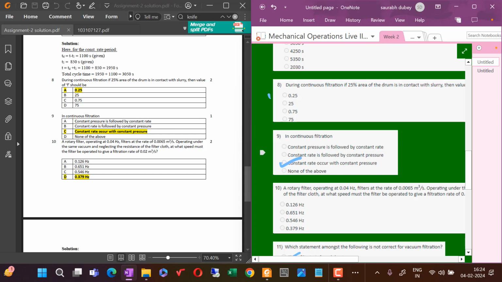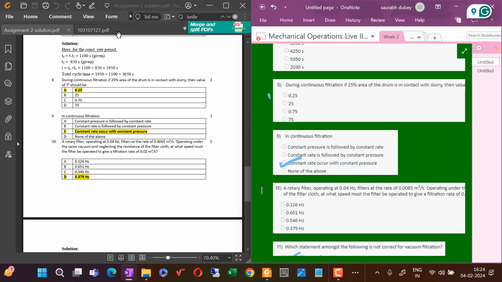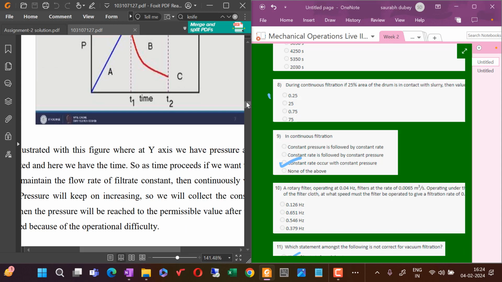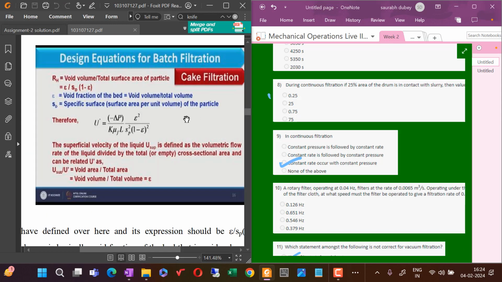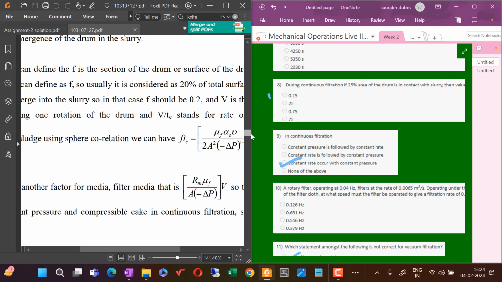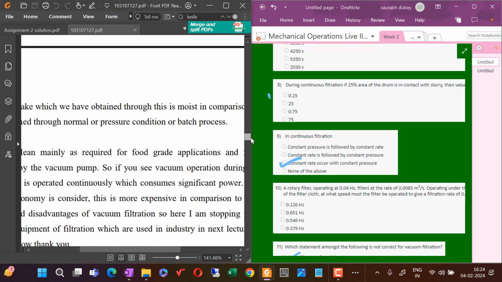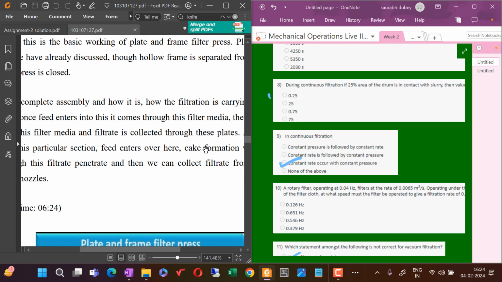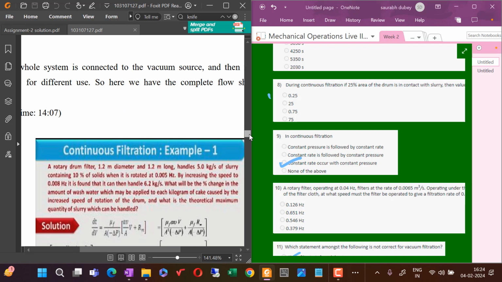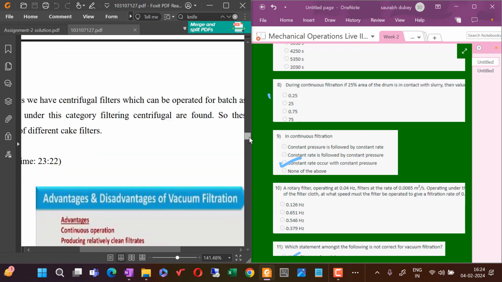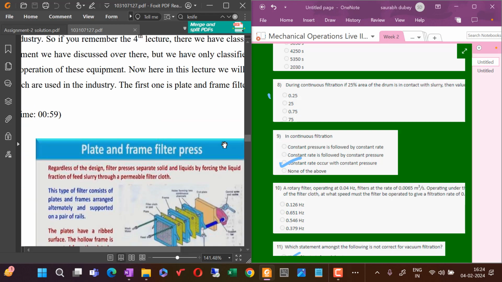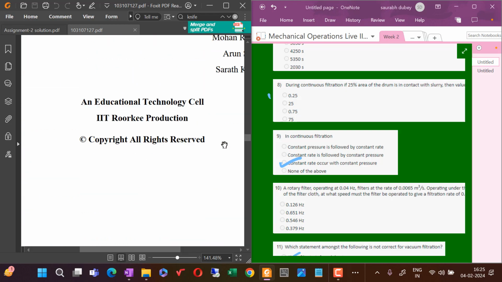Somewhere it is also explained that when you are going for continuous filtration, like in the case of the centrifuge, some of the equations have been explained. There, it has been taught that all the equations of the batch filtration unit are applicable to the filtration unit for the continuous.